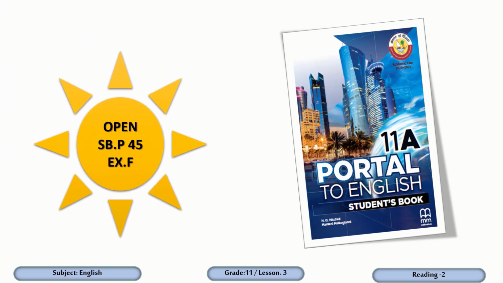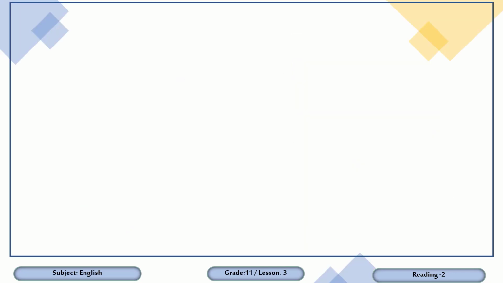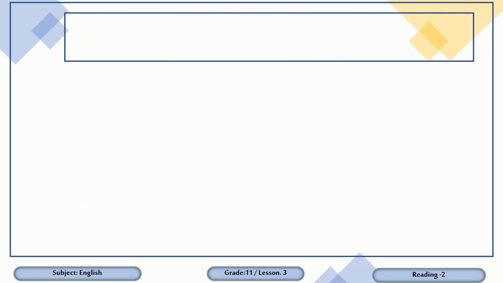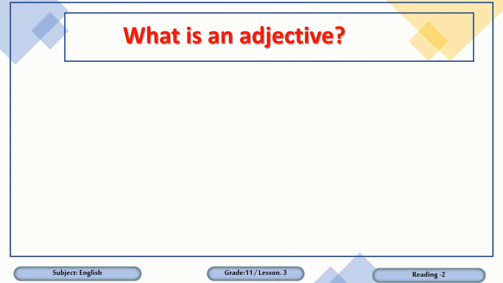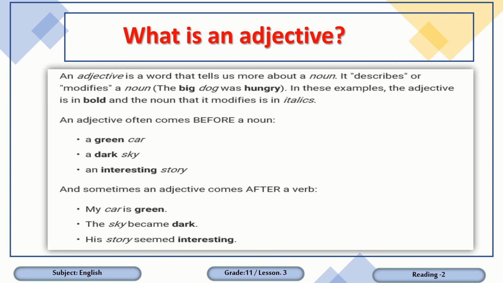Dear students, now open your student's book, page 45, exercise F. Dear students, before having the task, let's ask this question. What is an adjective? An adjective is a word that tells us more about a noun.